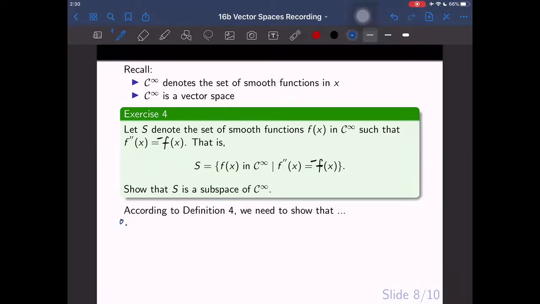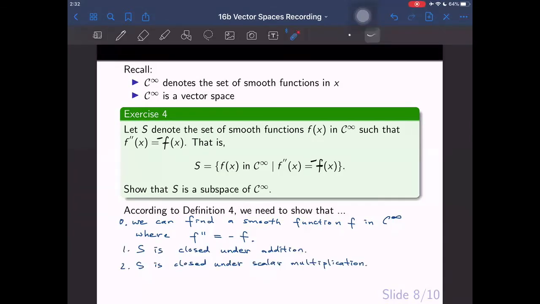So we need to first show that S is not empty, meaning we need to find a smooth function where the second derivative is equal to the negative of that function. We also need to show that S is closed under addition and under scalar multiplication. This should be very similar to all of the other times when we show that a subset is a subspace.